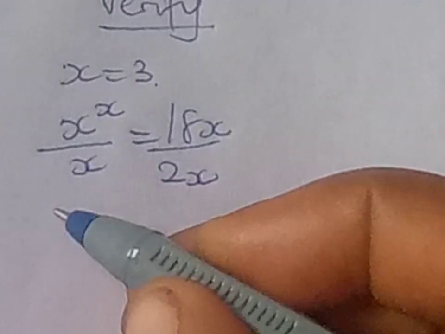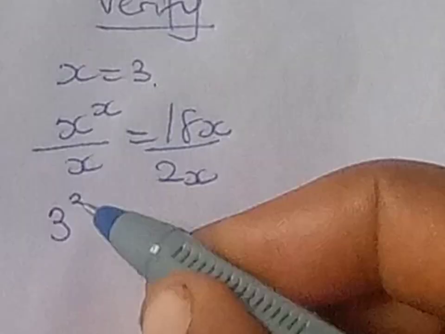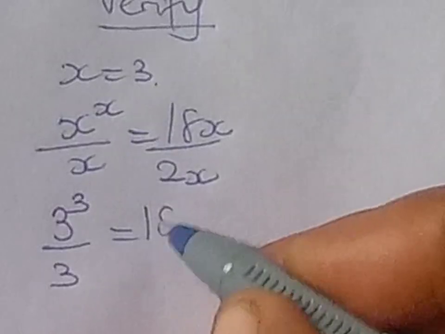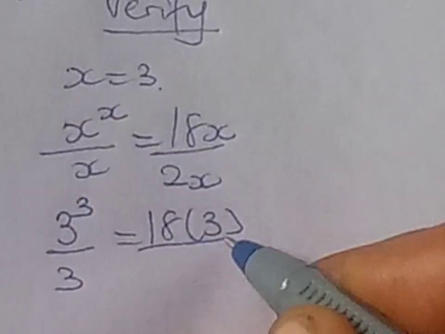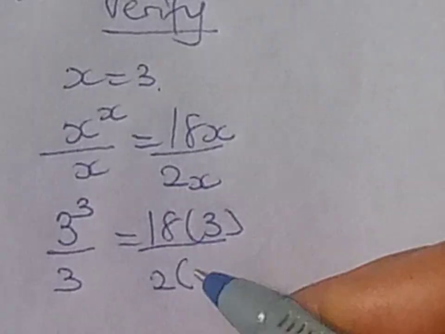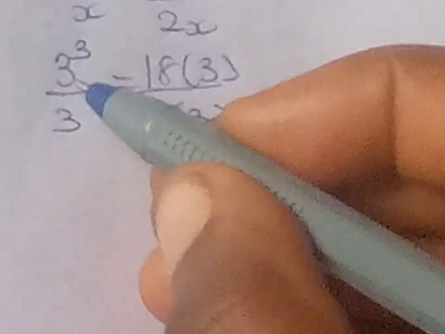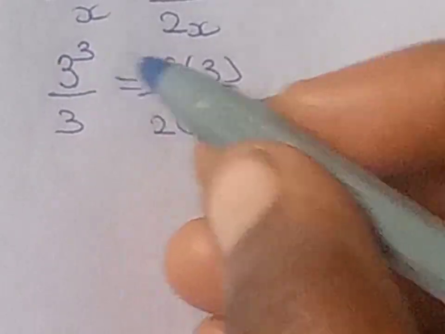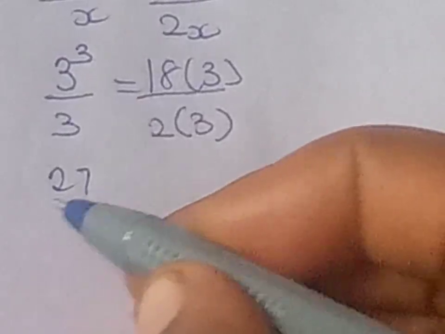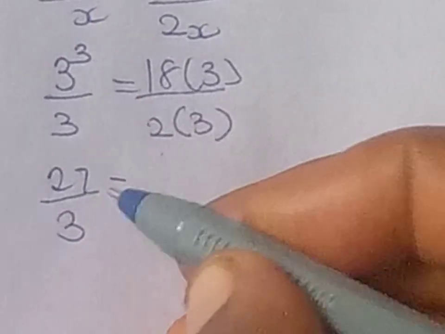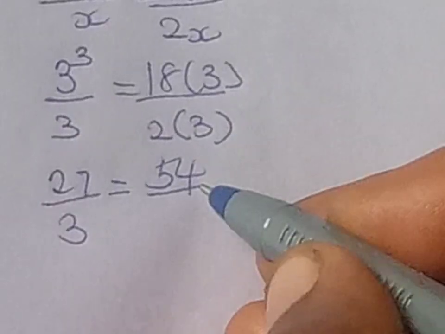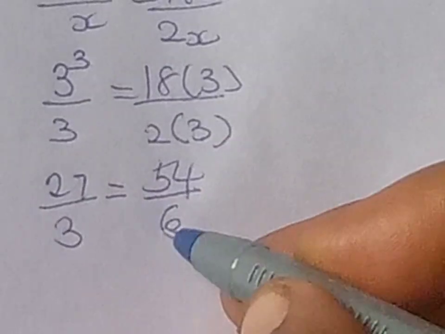So we have 3 raised to the power of 3 divided by 3 equals 18 times 3 divided by 2 times 3. 3 raised to the power of 3 means 3 times 3 times 3, which will give us 27 divided by 3 equals 18 times 3, which will give us 54, divided by 2 times 3, which will give us 6.